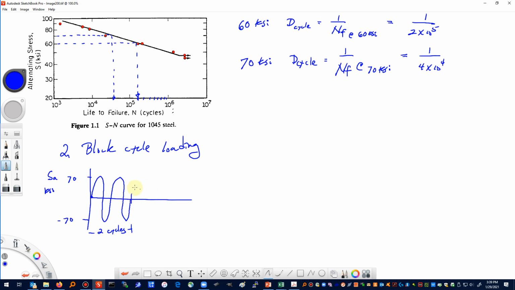And then following that, we have 3 cycles at plus or minus 60 KSI.